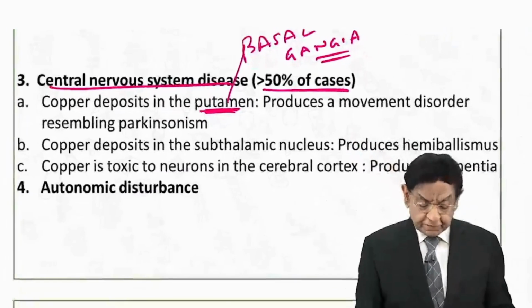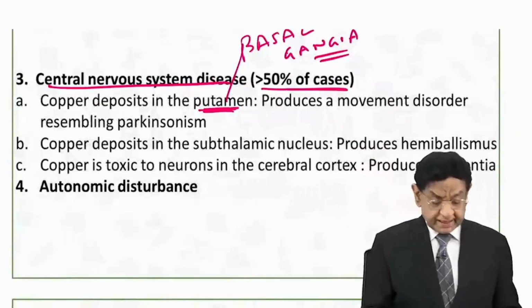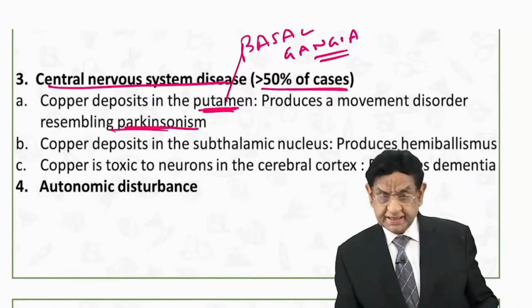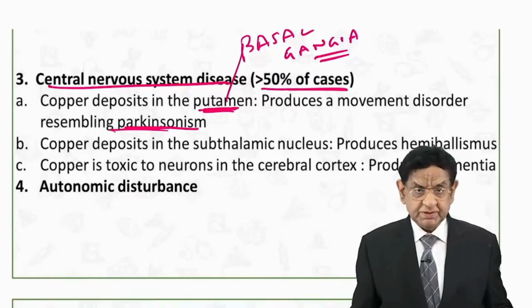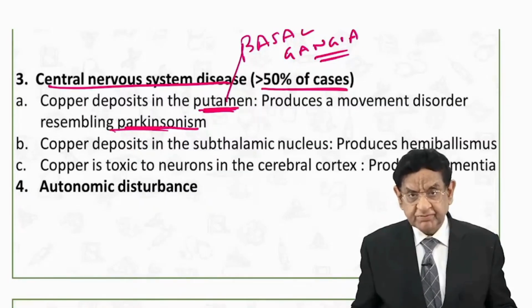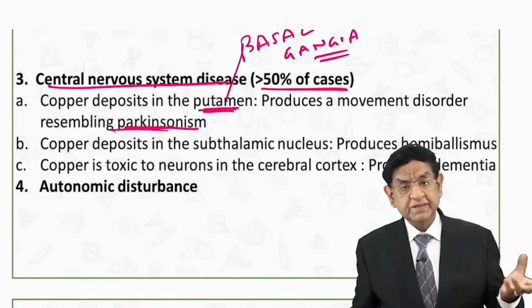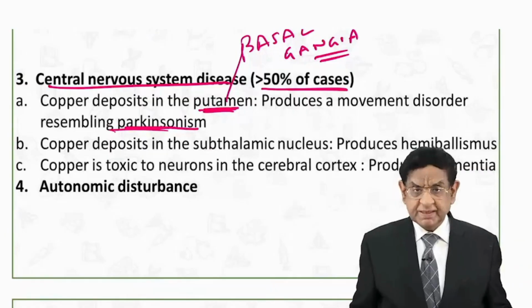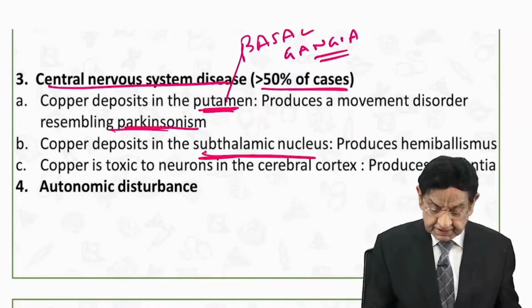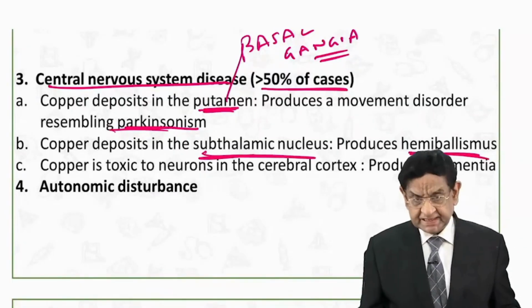So it may produce a movement disorder like Parkinson disease. Why is the putamen involved? I told you, a 20-year-old man comes to you with Parkinson-like features, think about Wilson. Now it may get deposited in other parts of the basal ganglia, the subthalamic nucleus. There it produces hemiballismus.